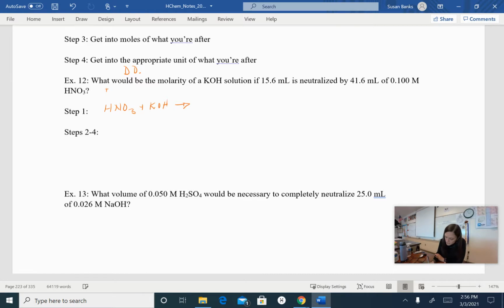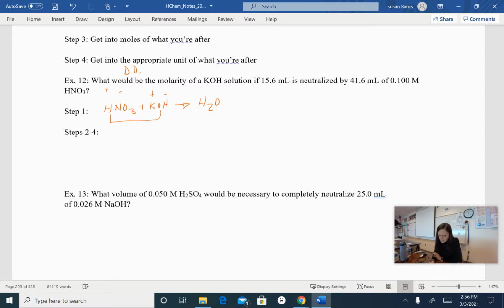Hydrogen is +1, nitrate is -1, potassium is +1, hydroxide is -1. Hydrogen will get together with the hydroxide and make water, neutral, right? Neutralization reaction. And potassium will get together with the nitrate, +1, -1, so it's just potassium nitrate. This is a pretty easy reaction. It's a 1:1:1:1 relationship.